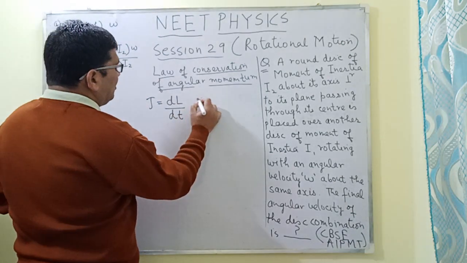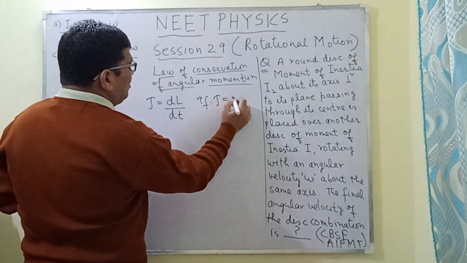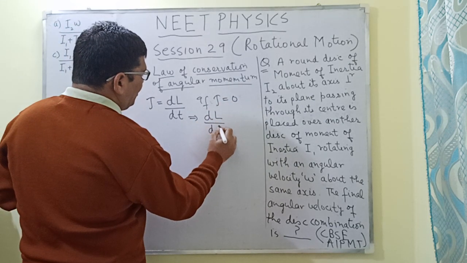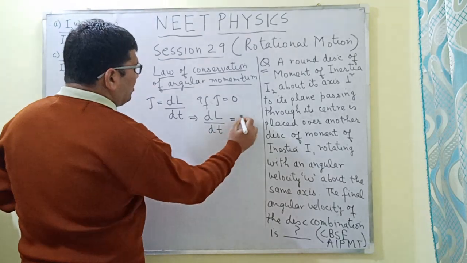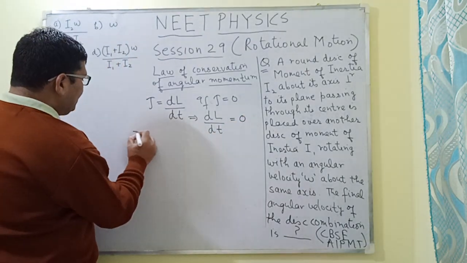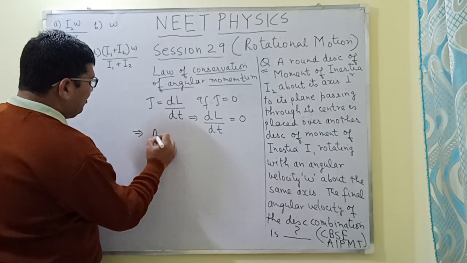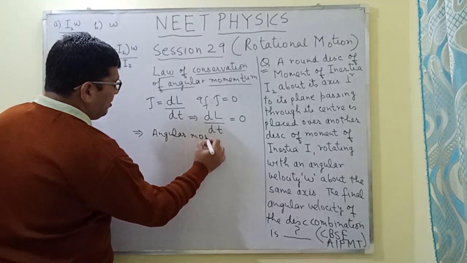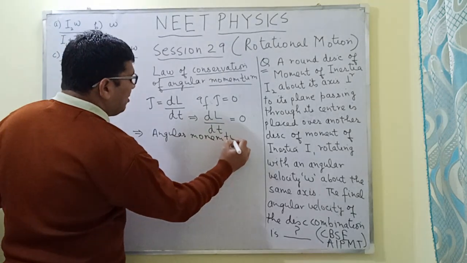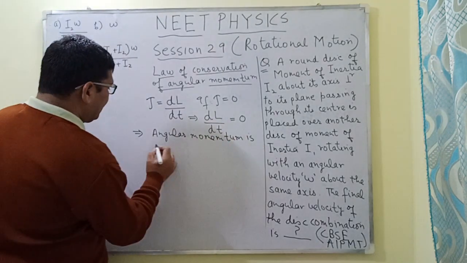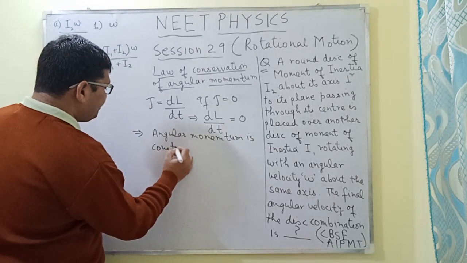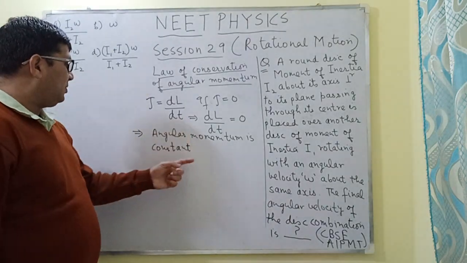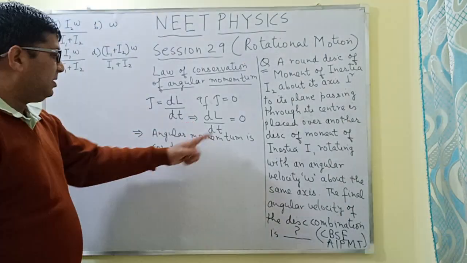So if torque is equal to 0, it implies that the rate of change of angular momentum is equal to 0. Or in other words, angular momentum is constant. Here we will be utilizing this concept in order to solve this question.